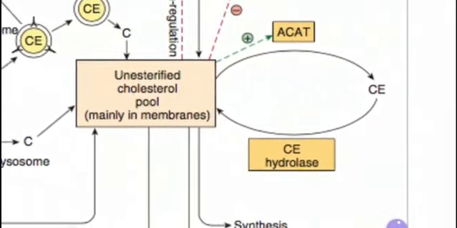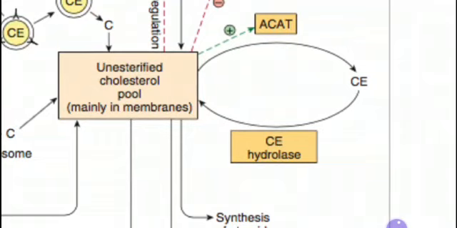And also I have told you in the previous slide that the cholesterol may be taken up from the membrane by esterification, and the enzyme here is ACAT.